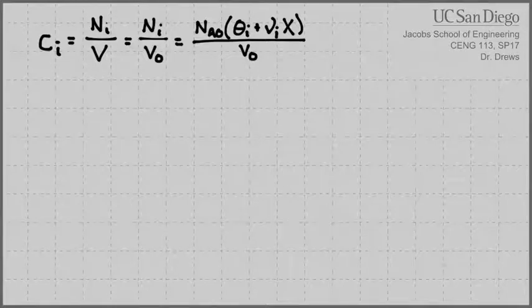Now we have this little term here, n sub A0 divided by V sub 0. That term is going to be equal to C sub A0. The definition of concentration is N over V. If we have n sub A0 over V sub 0, that's the concentration of A we initially started with. That's the definition of C. That's how we do that.